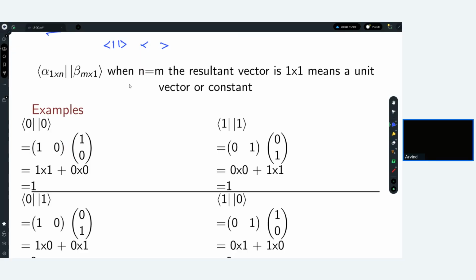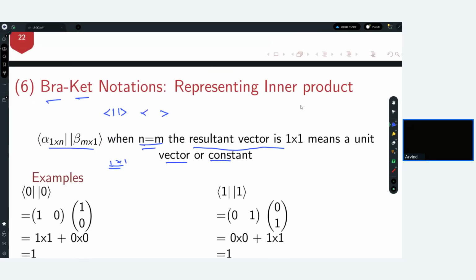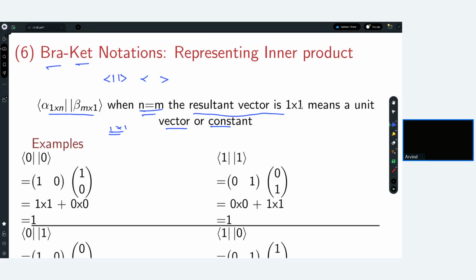Here we can take the matrix multiplication when n is equal to the number of columns from the first matrix and equal to the number of rows in the second matrix, when n equals m, and we will get 1 by 1, which means a single value. That's why the resultant is 1 by 1. It means a constant, a scalar, and that's why bracket notation is used to perform the scalar multiplication of two vectors.